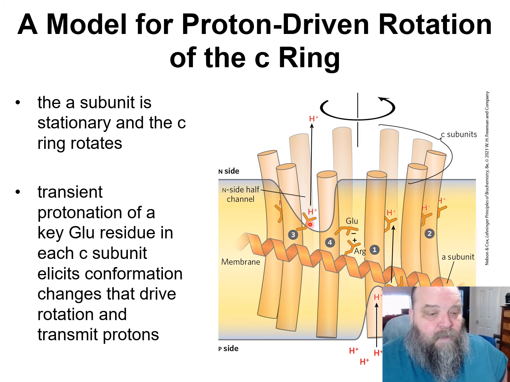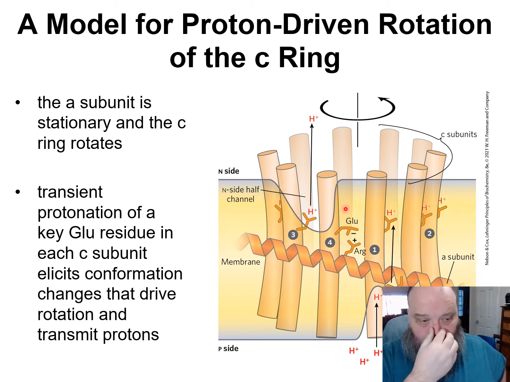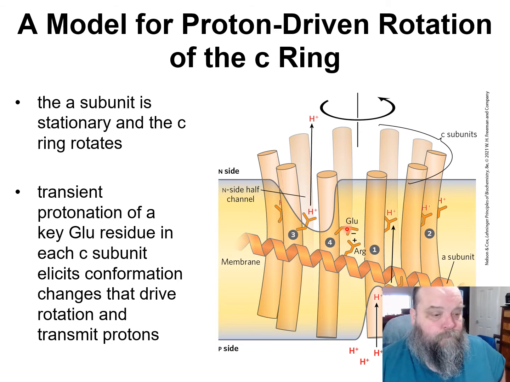And you have the hydrogens, as they're moving through, causing this to change its position so that they actually will now start moving, spinning. So you get a transient protonation of glutamic acid here, glutamate, in the subunits, which causes this to change position, to move.